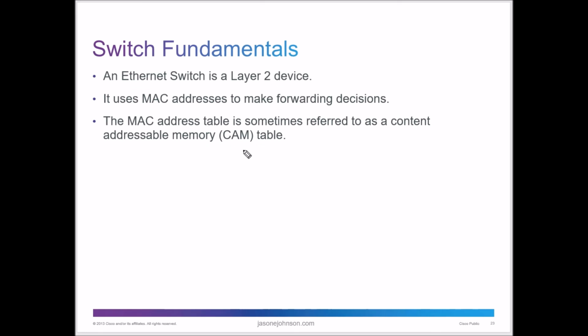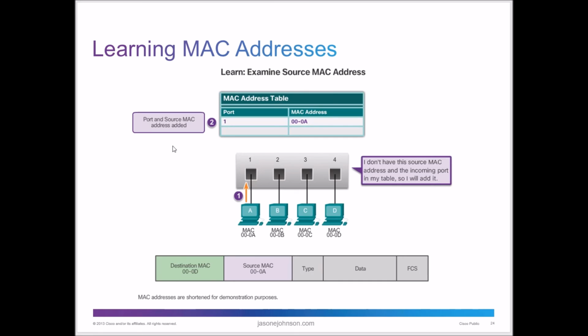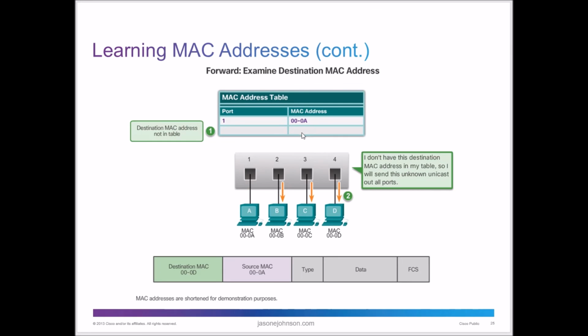You will sometimes hear that, though it's rare. When the frame is sent, to learn the address, the port and the source MAC address are added. It's going to say, I don't have this source MAC address in my table for the incoming port, so I'll add it. So it builds a table. And then, if the destination MAC is not in the table, it goes ahead and builds that in the table as well.